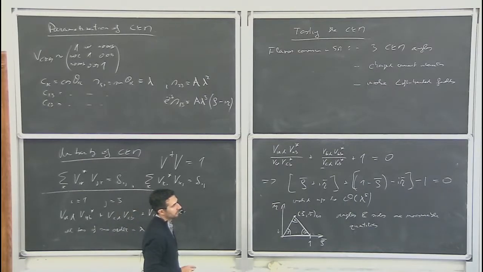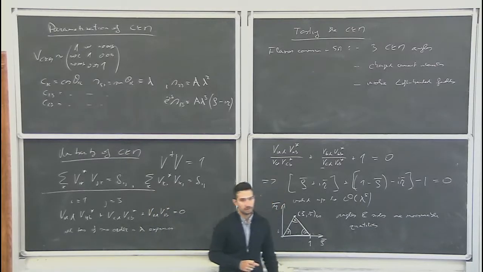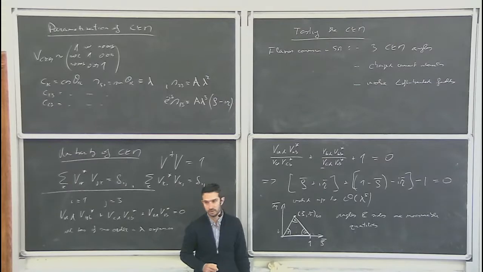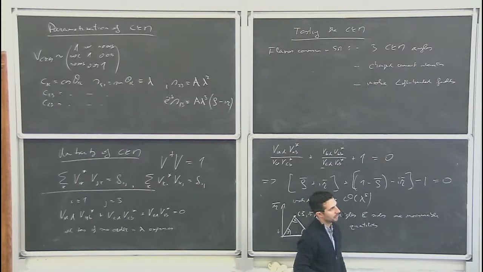These can be extracted from measurements of the moduli V_us and V_cb, and those can be measured from semi-leptonic kaon or B decays. And on the right, you see I think fairly up-to-date values of lambda and A extracted from such measurements. Okay, so those are just decay rate measurements.